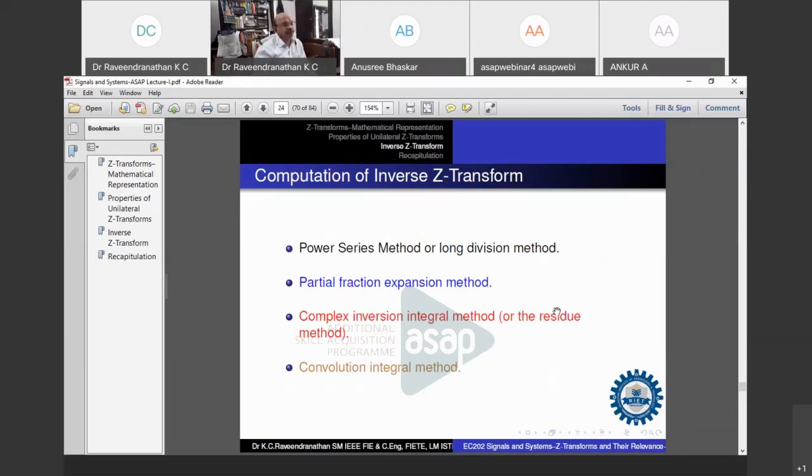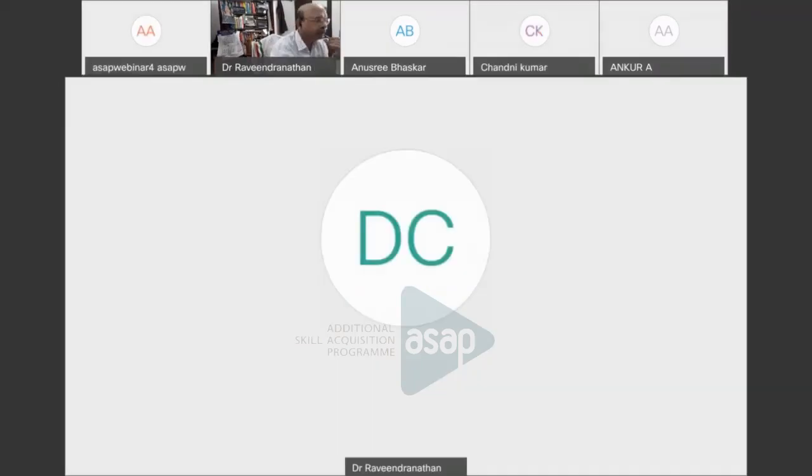Similarly, in the case of Z transform, if the poles are lying inside the unit circle, it is said to be stable in the case of a discrete time system. Similarly, depending on the region of convergence and the positions of the poles, we can predict whether the discrete time system is stable.